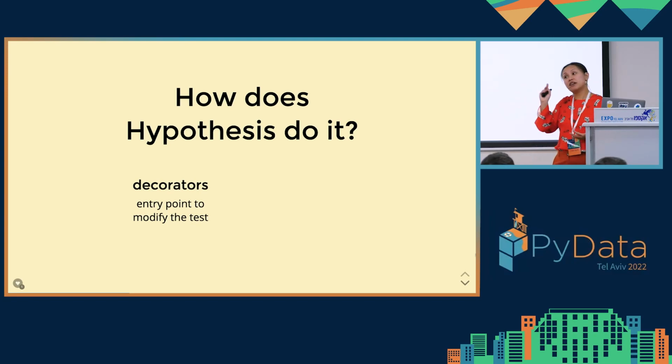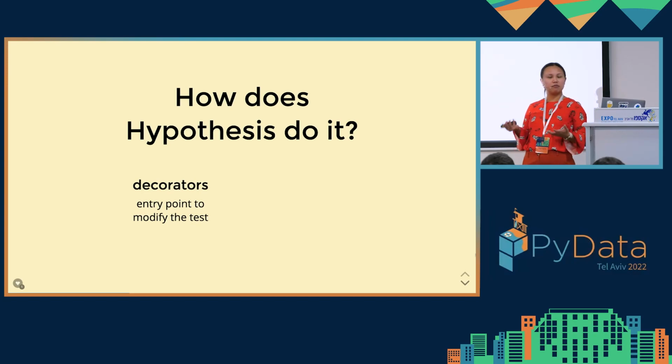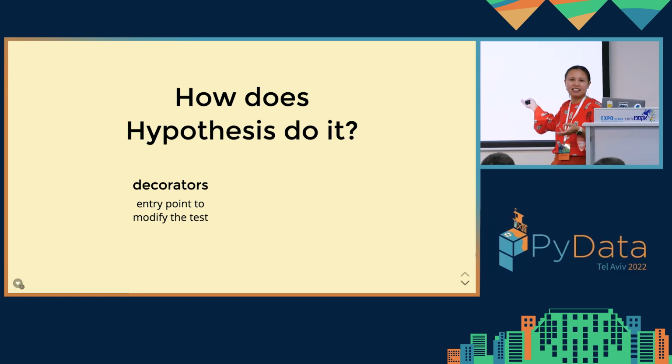For those of you who are familiar with PyTest, PyTest provides lots of decorators as well to help your tests be cleaner and more powerful. For example, if you have a lot of test cases, you can use parametrize in PyTest, and you just need to use a decorator. Hypothesis is similar. You use a decorator to modify your test so that it takes in an input, and then we just say what strategy we use for that input.